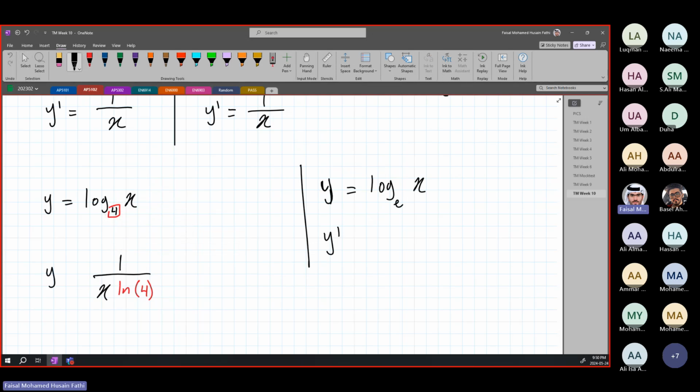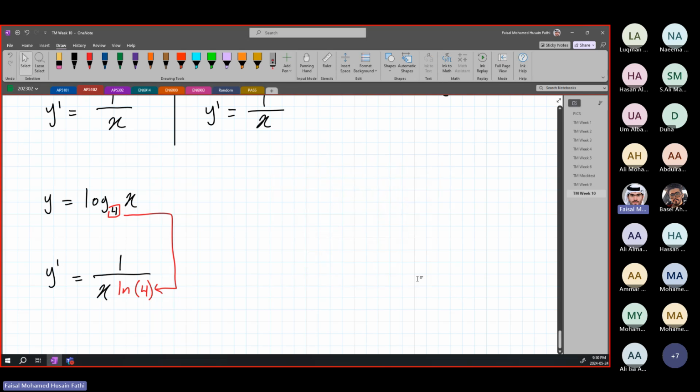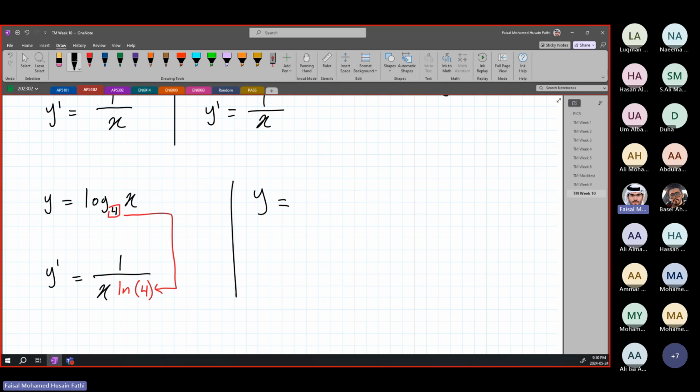This is where the 4 came from. Let me write this more neatly: y equals log base e of x. This is the same as ln of x.